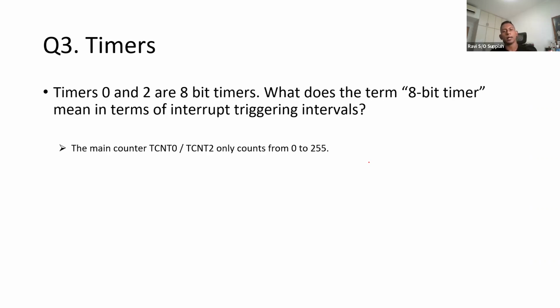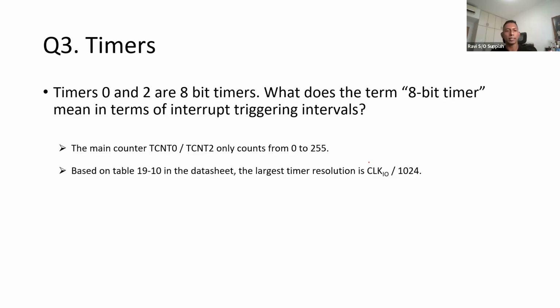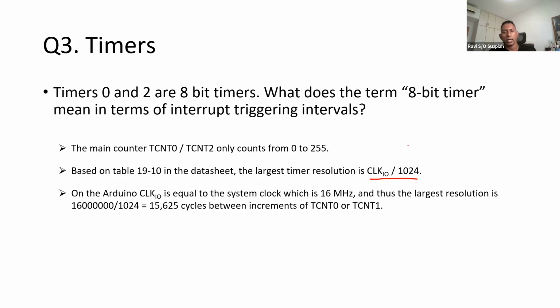So timer 0 and timer 2 are both 8 bits, which means you count from 0 to 255. The largest resolution you can have is obtained with the largest prescale value, which is 1024. The maximum number of cycles between increments of TCNT is 15,625 cycles when you divide by 1024, the largest prescale value.